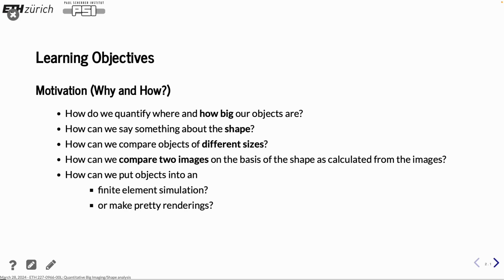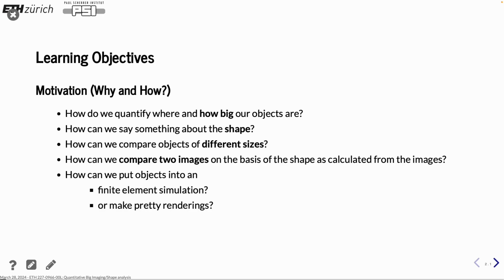Maybe we want to compare objects of different sizes and see how they behave if they are placed in different places and so on. And even go one step further, comparing different images. And so maybe we even want to do some finite element analysis on the images that we have prepared until now.